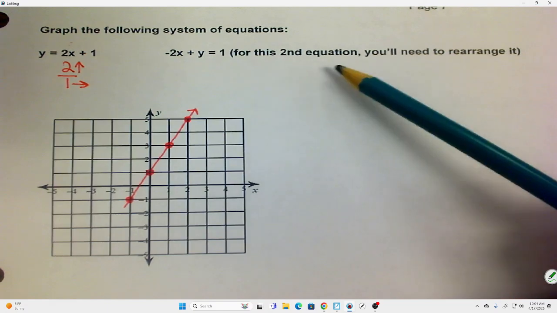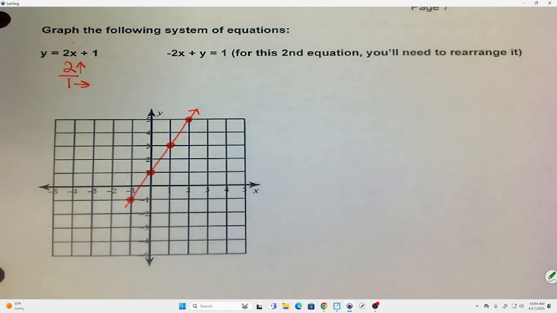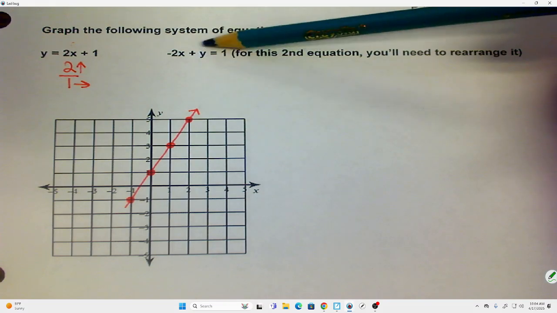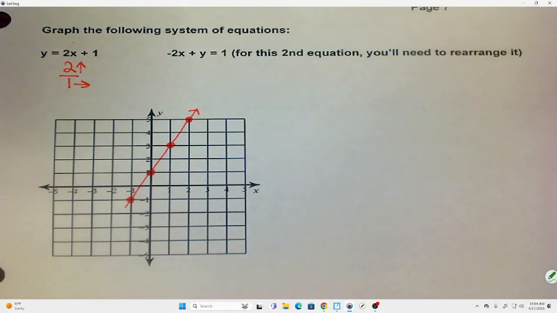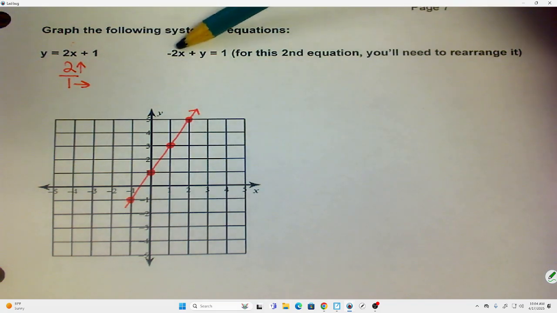Well, for the second equation, you'll need to rearrange it. You like it when the y is all by itself, and then normally we have something with an x, and then you have your y-intercept number back there, the plus or the minus number behind it without the x. So here's my question. How can I get that y by itself? Obviously, we have to get rid of this. Well, you know how to get rid of this.